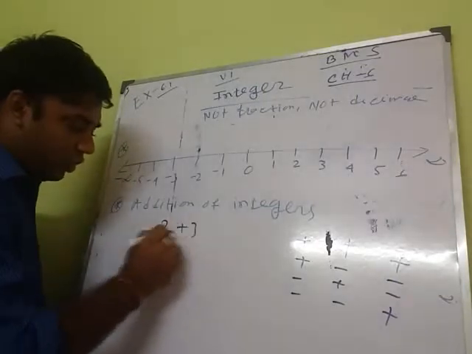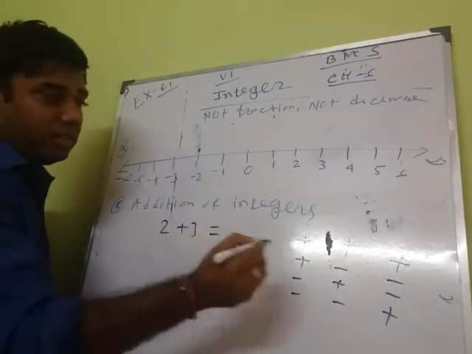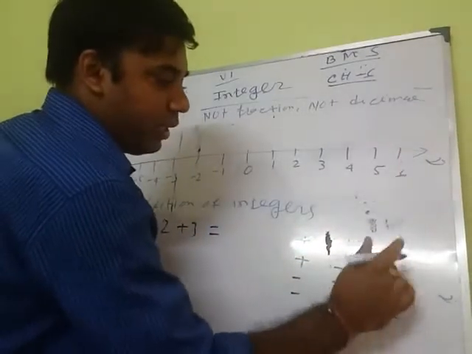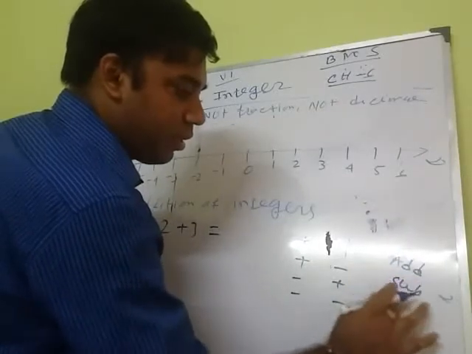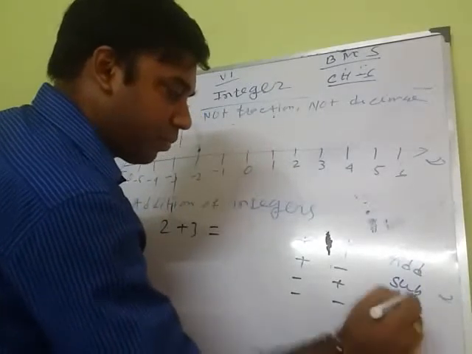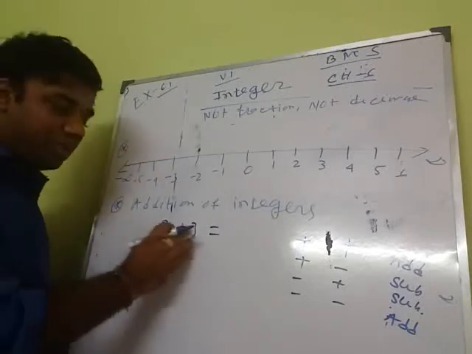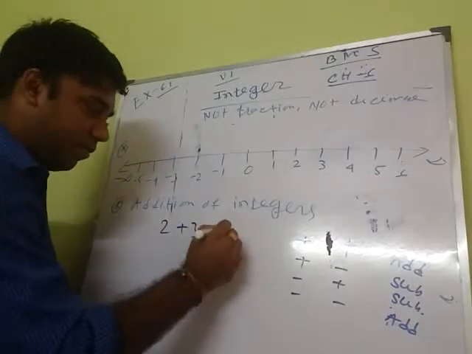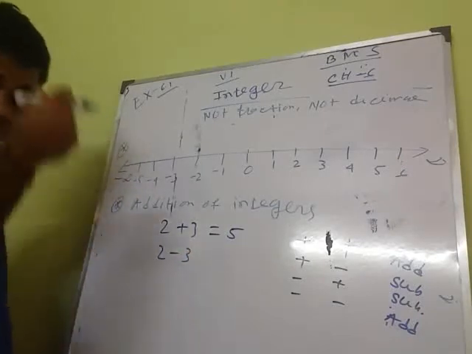Let me explain by taking some examples. 2 plus 3: where there is no sign, it means it is positive. So both have the same sign, so the operation will be add. 2 plus 3 is 5. Next, 2 minus 3.